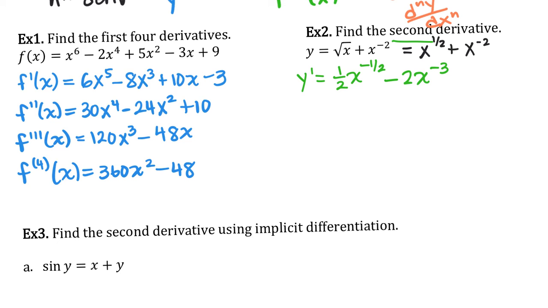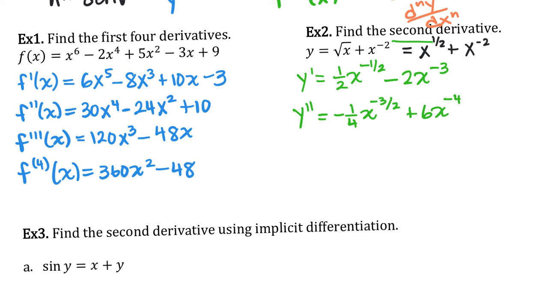So now let's do y double prime. So I'm going to take the derivative of this thing. Okay, so if I bring down the negative 1/2, negative 1/2 times 1/2 is negative 1/4. x to the, if I do negative 1/2 and I lower it a degree, negative 1/2 minus 1 is negative 3/2. Okay, now let me bring down the negative 3. Negative 3 times negative 2 is positive 6x, and I'm going to lower the degree down to negative 4.